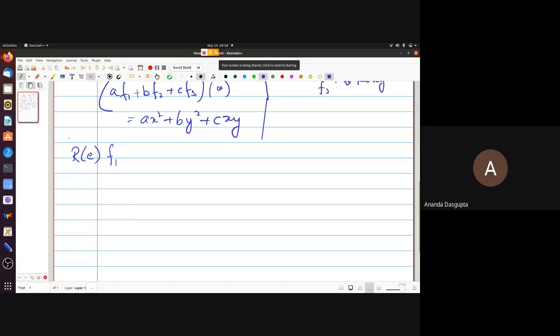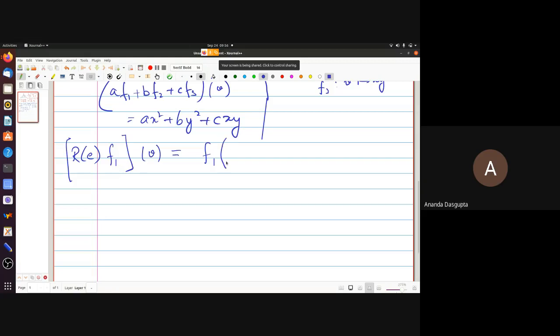So just to show you, I'm pretty sure all of you know what will happen here, right? RE f1 has to be f1, but how do you prove this? This is just a way of reminding you of what this is really doing here. This is really by definition, what is RE f1? It's a new function. What is it supposed to do?